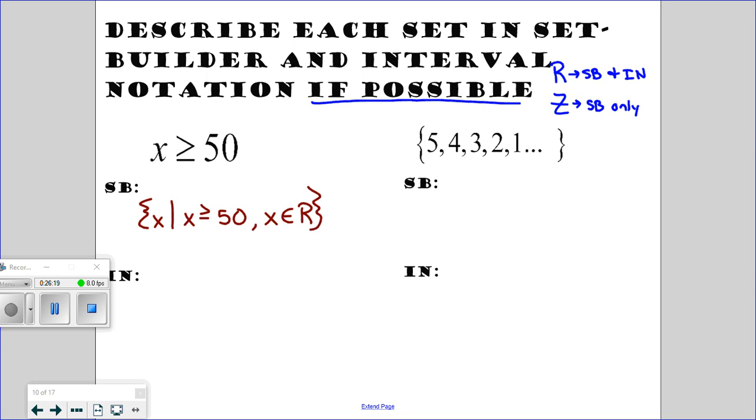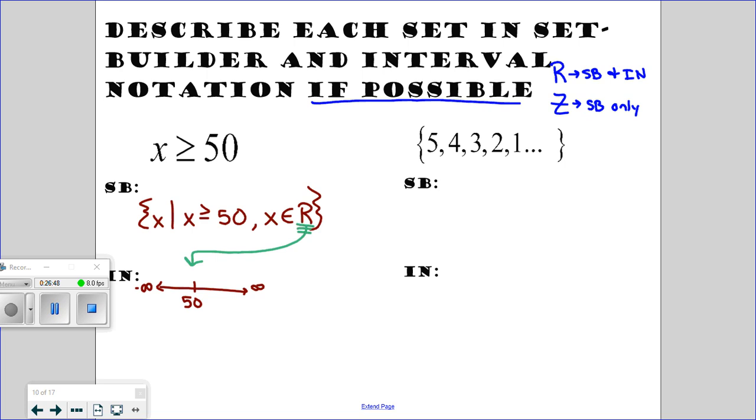Now, what I had listed up here says if it is in the real numbers, I can write it in set builder, always, and I can write it in interval notation. So because this says real numbers, I can do the interval notation. It is all based off of that symbol right there, real numbers. So my interval notation, smallest number in this set up to the biggest number in this set. If I need to visualize this set, I'm going to use a number line.